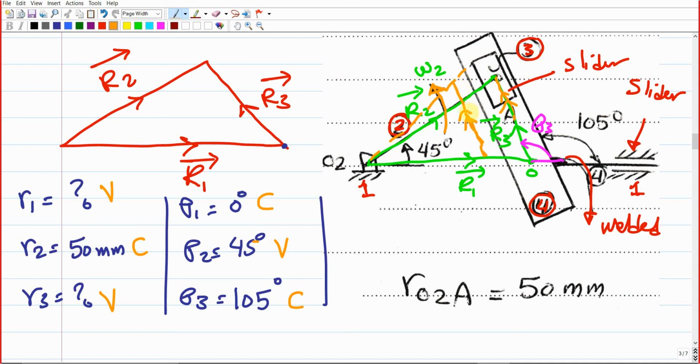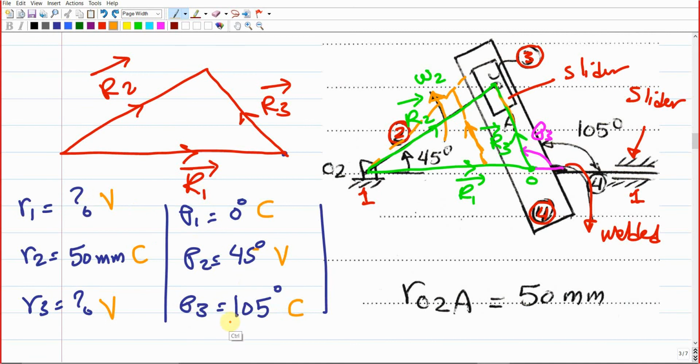And R3 will increase in length, so we say R3 is variable. But this line R3 will move as it is, its length will increase but the angle will not change. All of this link moves together, right or left, right or left, and that's it. So that's why we said that theta 3 should be constant because of the welding here. But if there is a joint, it means theta 3 is variable.